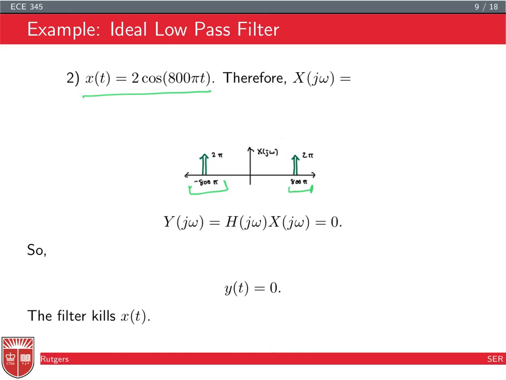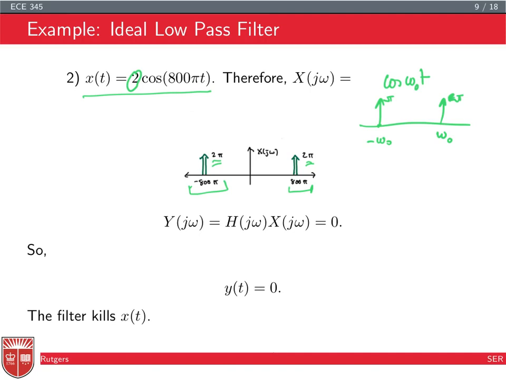Recall that cosine omega 0 t in the frequency domain leads to two impulses, one at omega 0 and one at negative omega 0, each with magnitude pi. Sorry, it's not 2 pi, it's pi. But here we have a factor 2, and this is why we have 2 pi here and 2 pi here. I use this example as an excuse to remind you of the CTFT of a cosine.